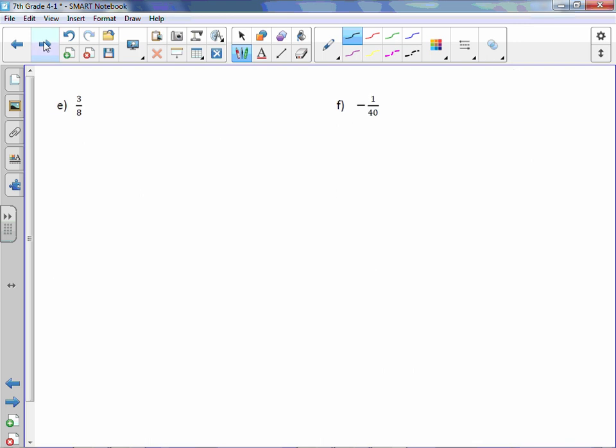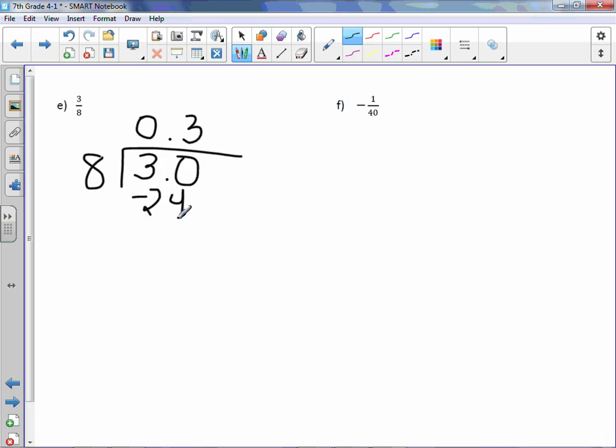3/8. Now, 8 can't go into 10 or 100, and I don't know off the top of my head if it goes into 1,000, so here's an instance where we should divide. 8 can't go into 3, add a decimal and a 0. 8 goes into 30 3 times, which is 24. Subtract and get 6.